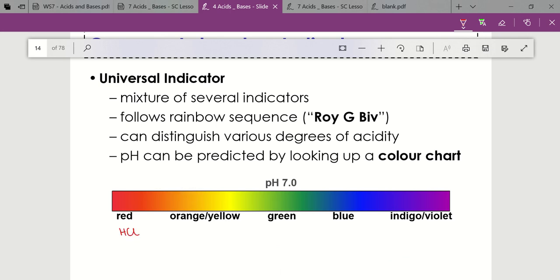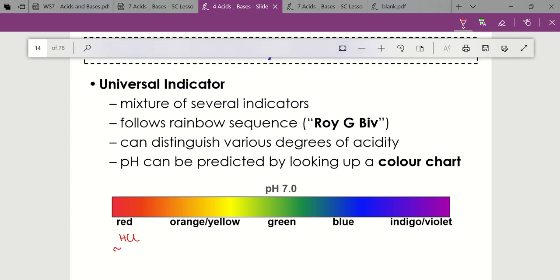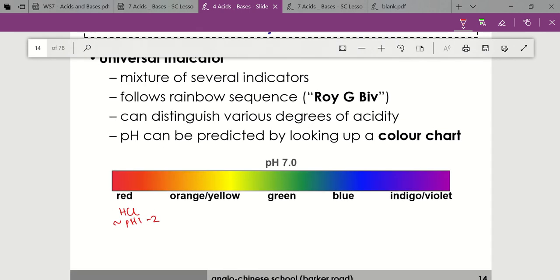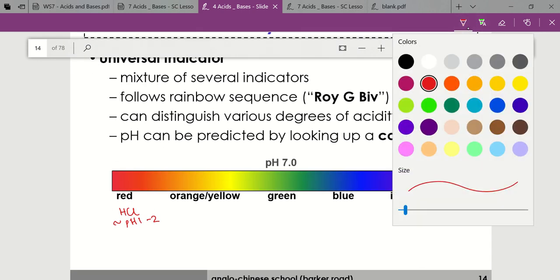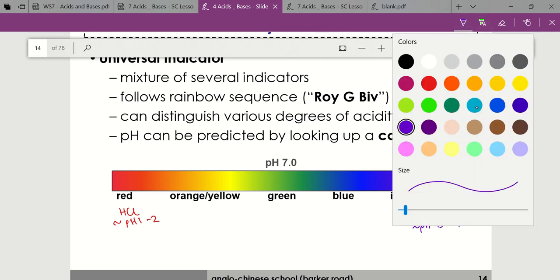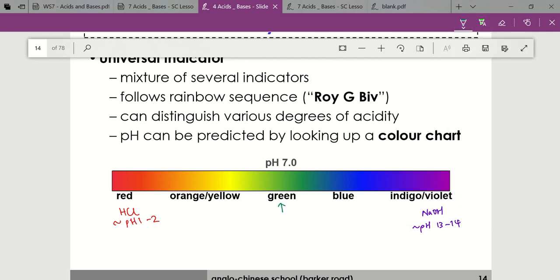Hydrochloric acid has a known pH of about pH 1 to 2. Okay, and sodium hydroxide has a known pH of about 13 to 14. In order for it to be neutralized, it must come to the neutral pH, and the neutral pH is green, which is 7, and if I'm using universal indicator, I should see it turning green.